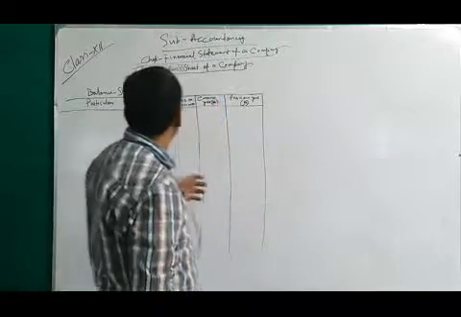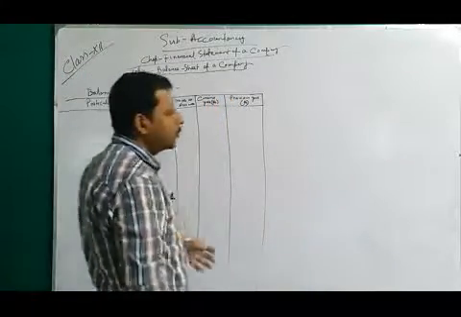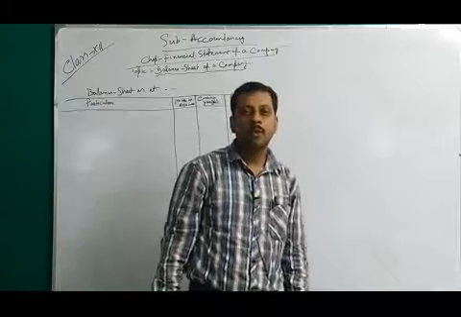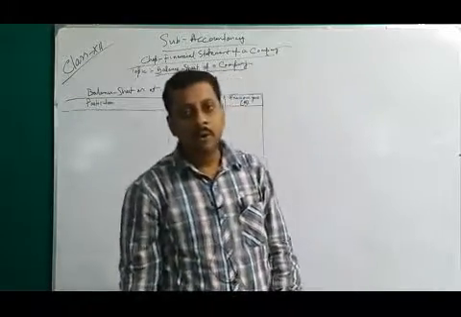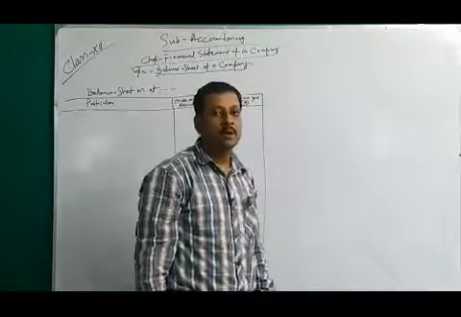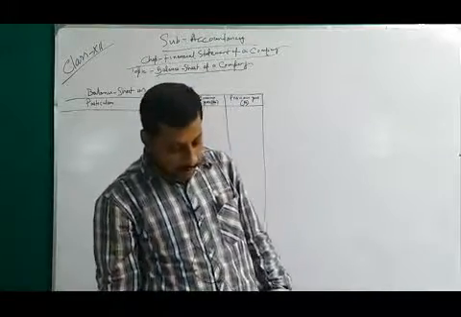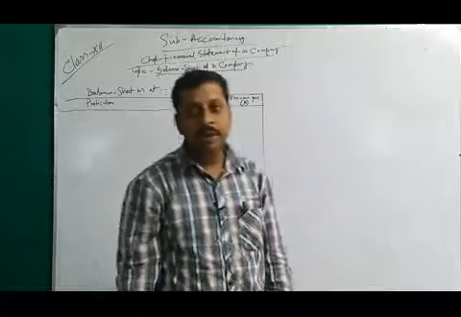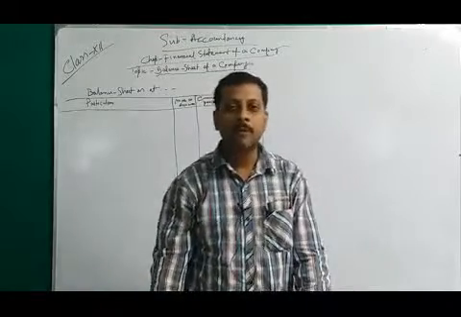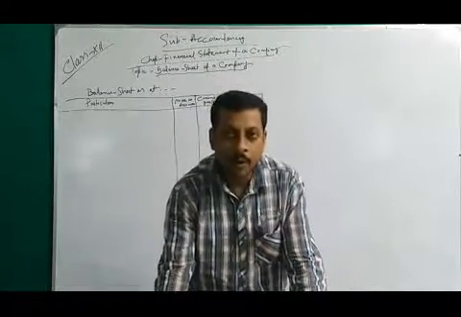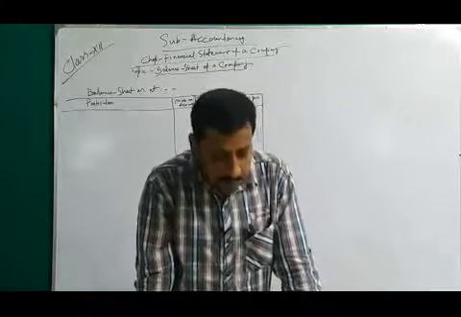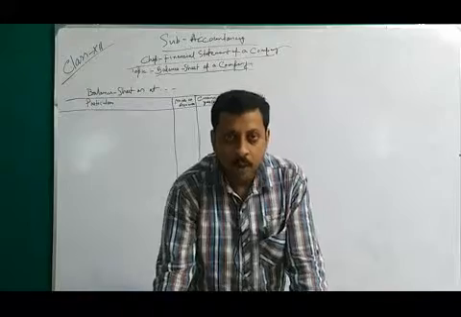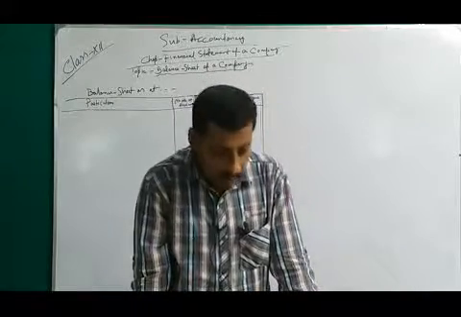You have to follow this because you are registered under the Companies Act 2013. So here you cannot change anything. Whatever format is given in Schedule 3 of the Companies Act 2013, you have to follow. What the format is and what the items are, I will discuss today with you.